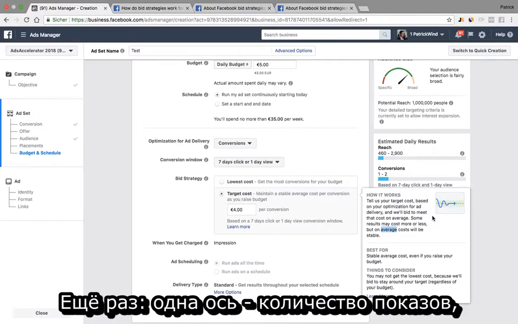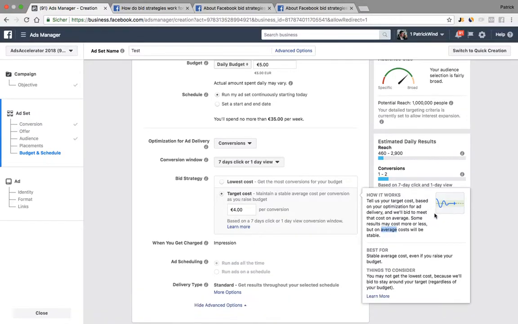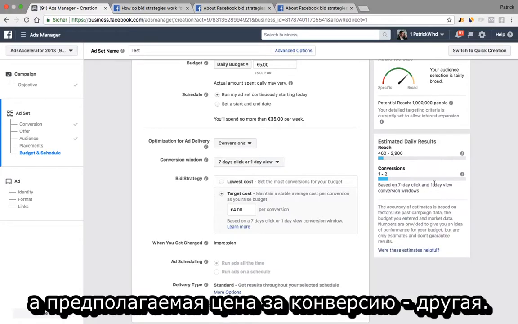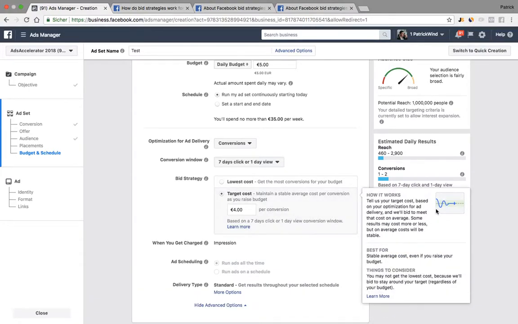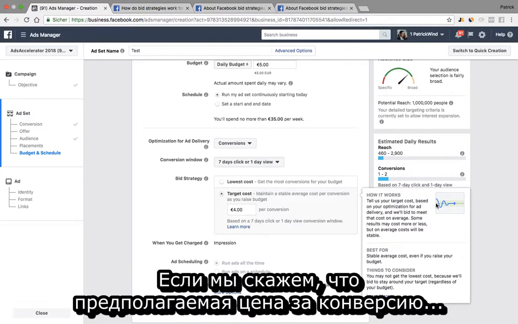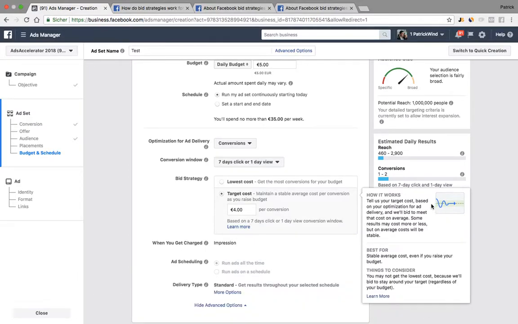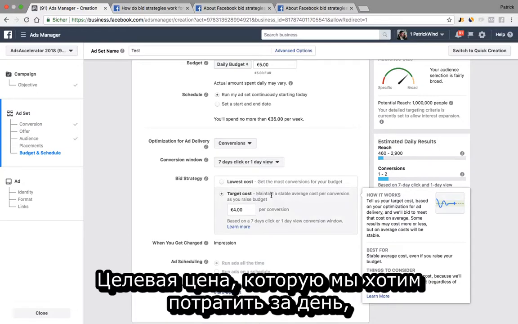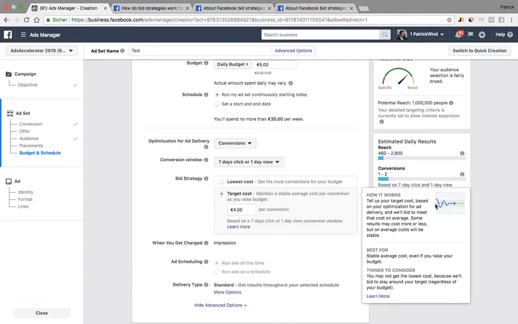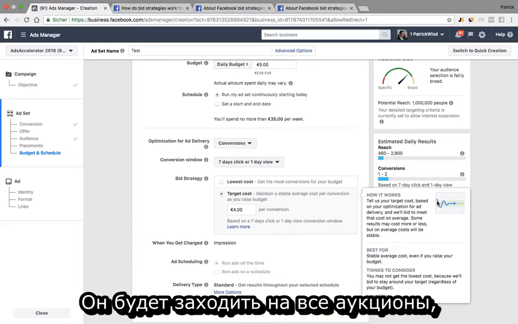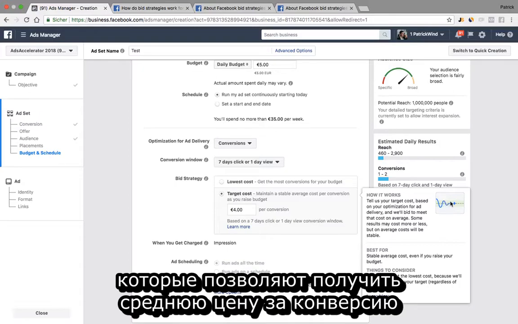Once again, the x-axis is number of impressions, and the y-axis is estimated cost per conversion. If we say our target cost, the one where we really want to end up at the end of the day, is 10 euros, what would the algorithm do? Well, it would enter all the auctions that will allow it to achieve an average cost per conversion of those 10 euros.